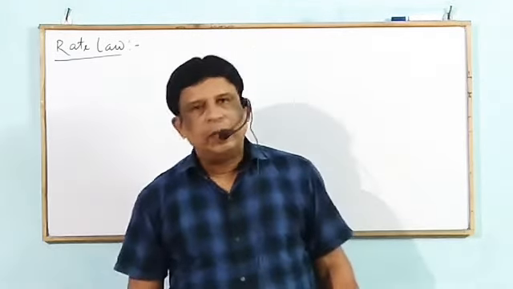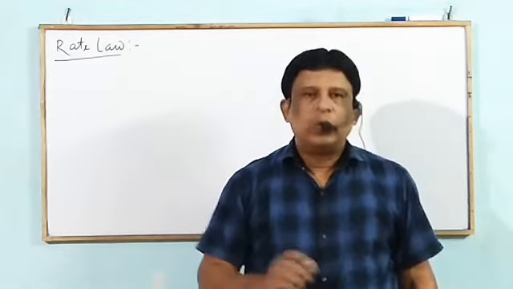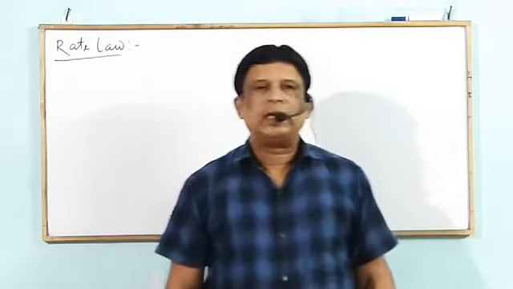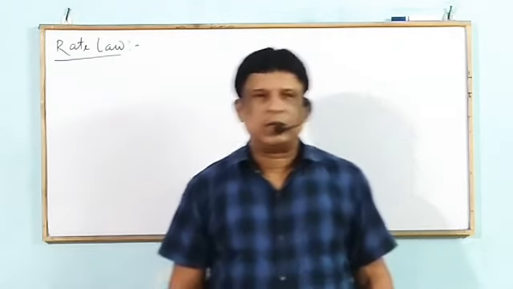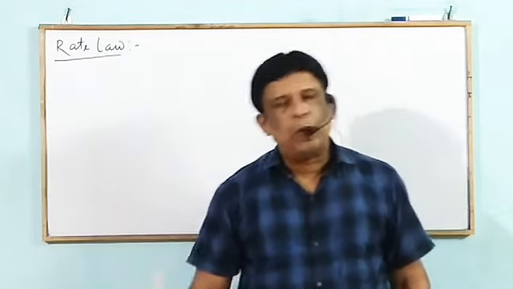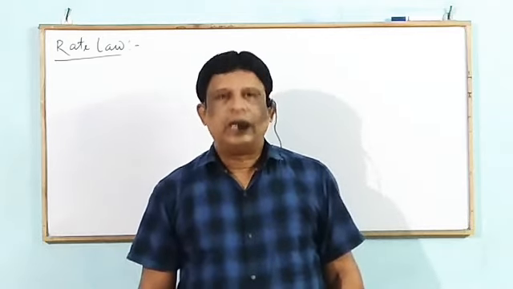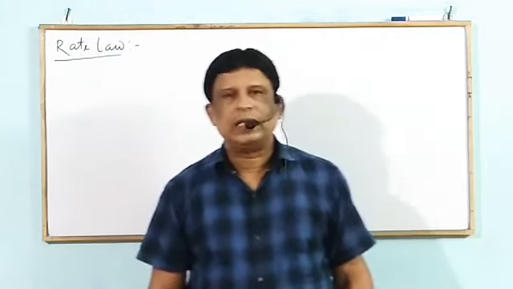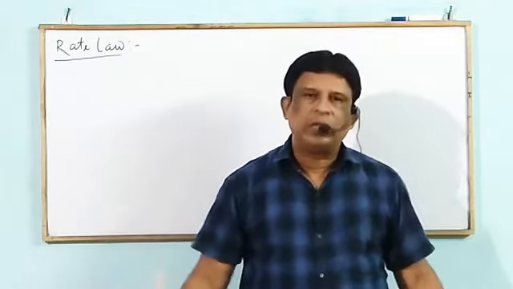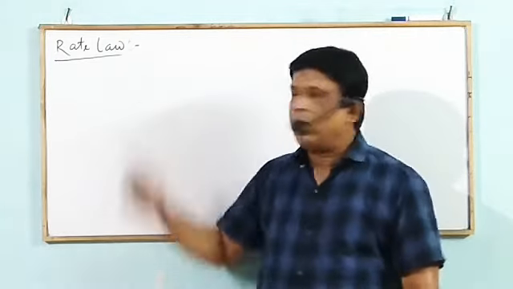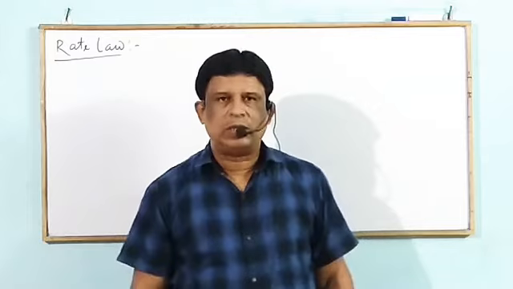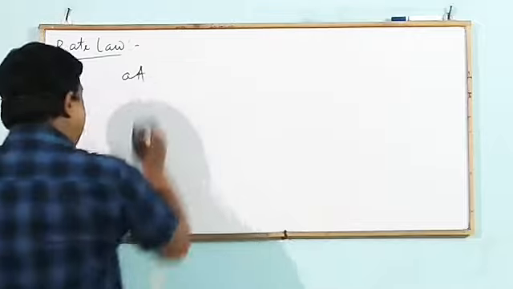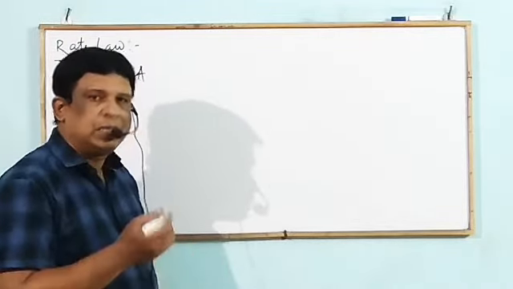So for an elementary reaction, which completes in one step, the rate law is equal to the law of mass action. But for a complex reaction, the rate law differs from the law of mass action. In short, the law of mass action is based upon a theoretical concept, while the rate law is based upon an experimental concept.